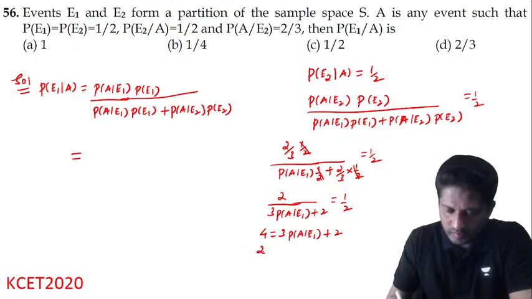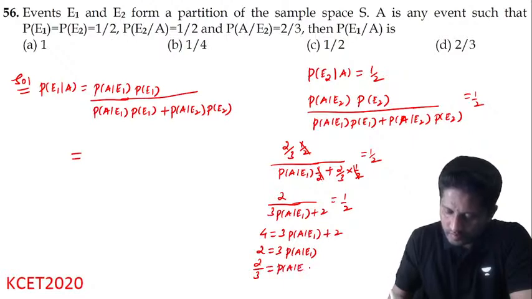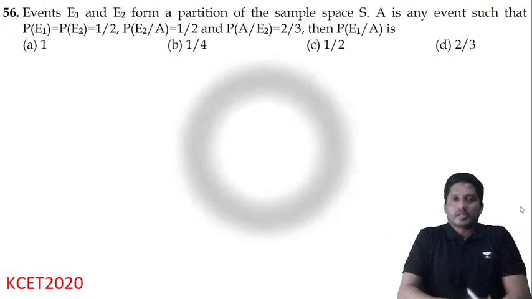Okay, so you get 2 is equal to 3 times P of A given E1. So 2 by 3 is equal to P of A given E1. Right? I'll check once again, because if this goes wrong, then everything will be wrong.